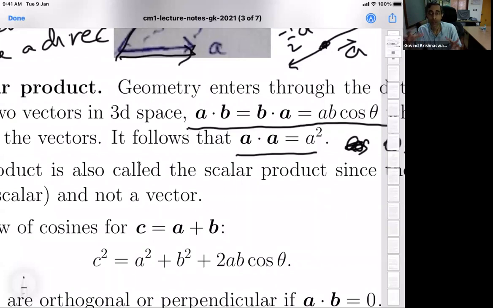Geometry has to do with the rigidity of things. If something is simply collapsible, you cannot define its length. So that is a sense in which geometry is entering through the dot product.